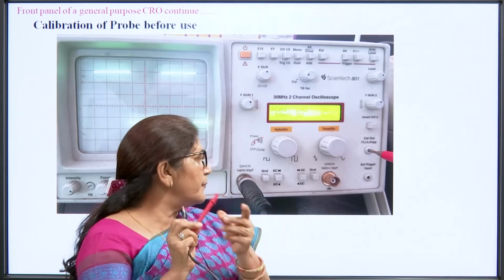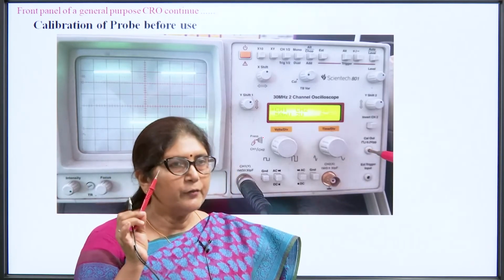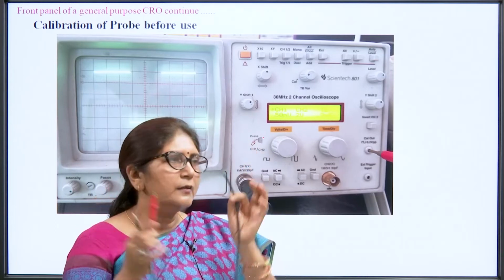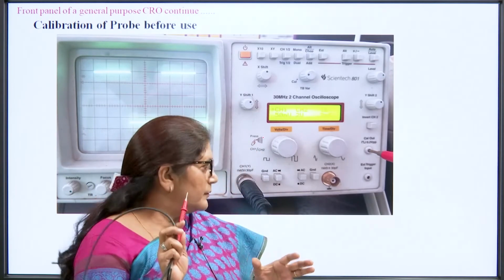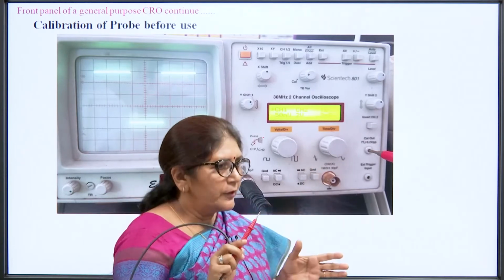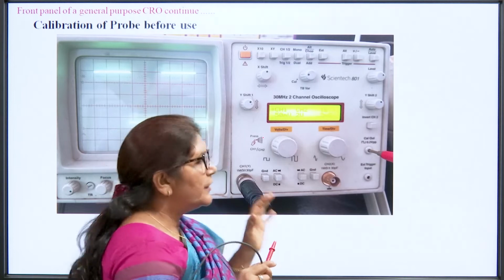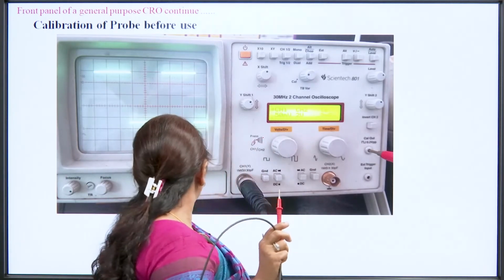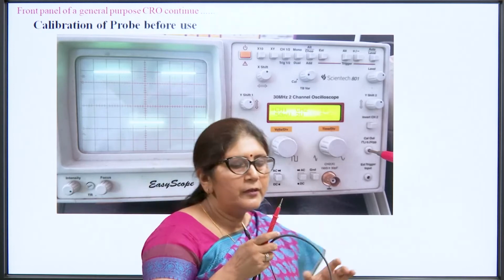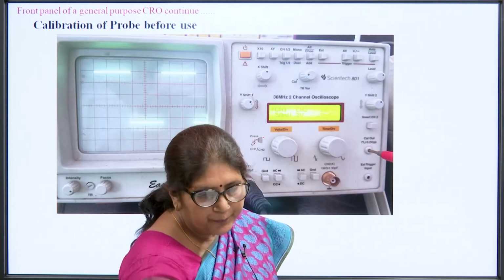So, this positive pin is put at this position, and we can calibrate whether our probe is okay or not. Suppose it is showing 2 volt, it means the probe is okay, because we have put the switch at 2 volt. If it is not showing 2 volt, it means the probe is not okay.